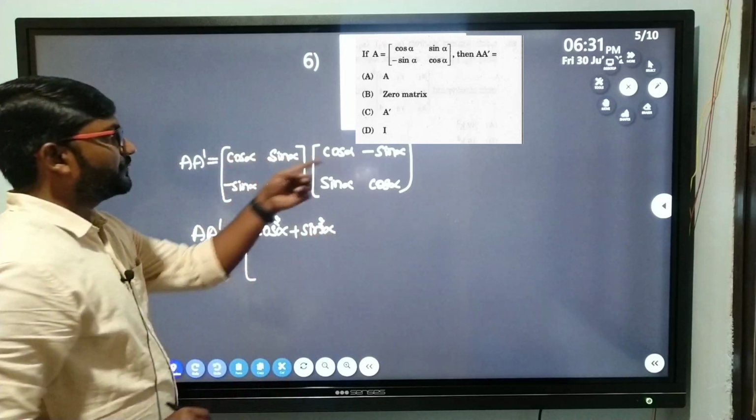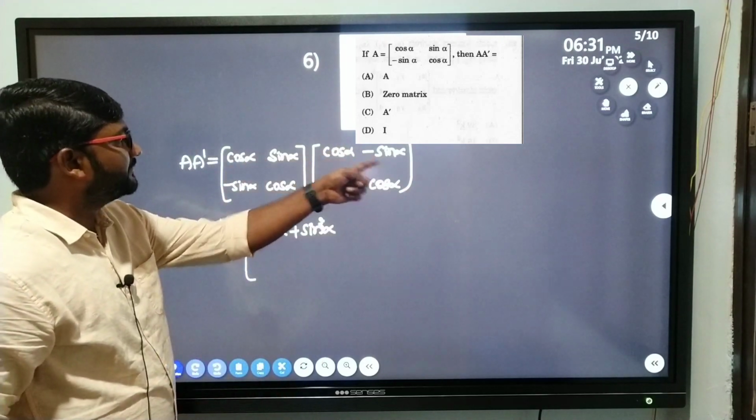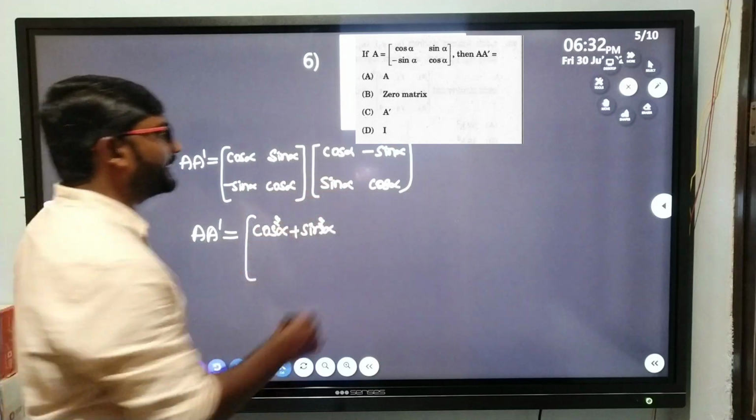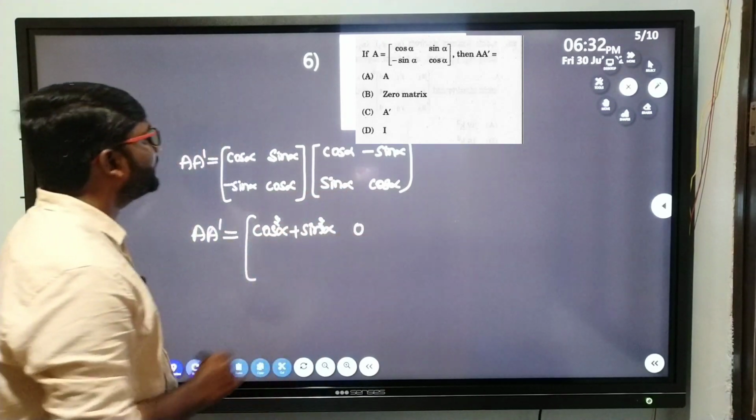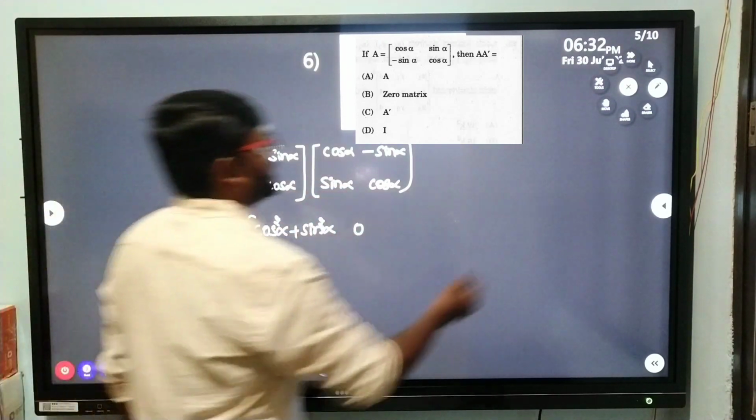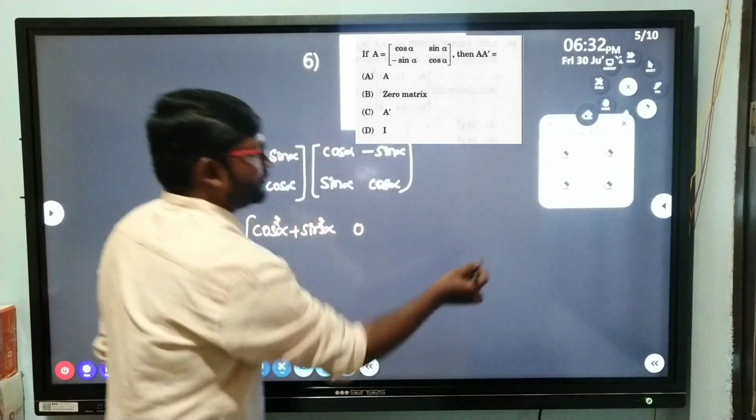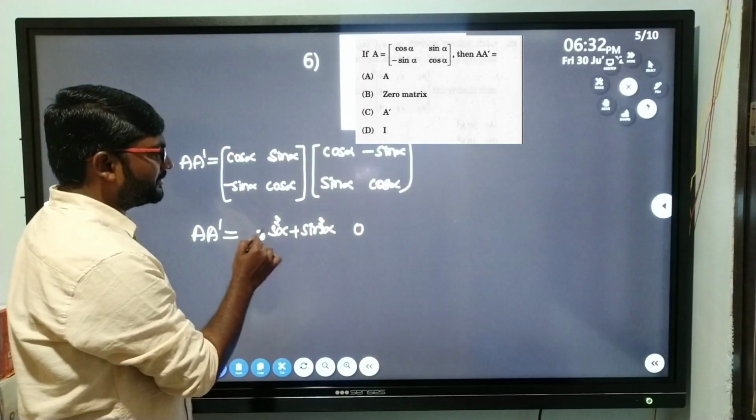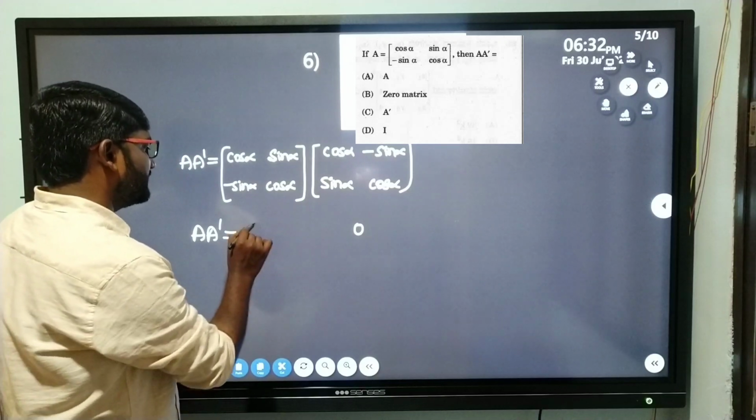Then first row with the second column: minus cos alpha sin alpha plus cos alpha sin alpha get cancelled, we get 0. Cos square alpha plus sin square alpha can be written as 1.